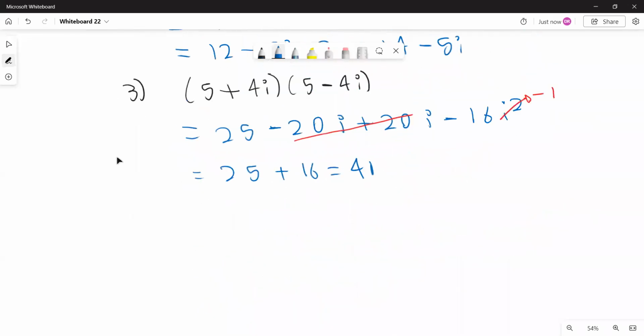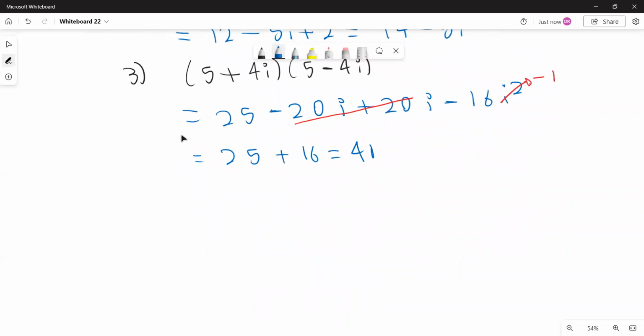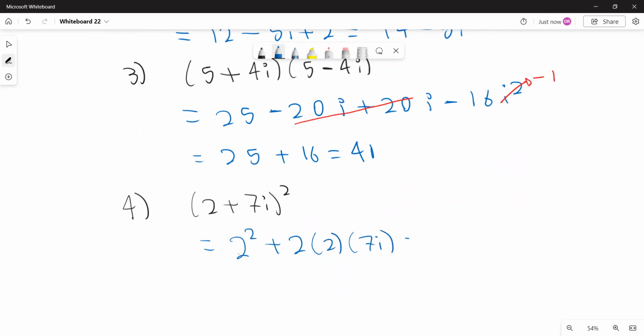And number 4, we have the square of a binomial. So the square of a binomial is the square of the first, plus 2 times the first times the second, plus the square of the second.